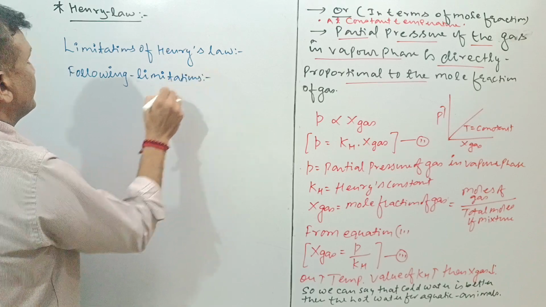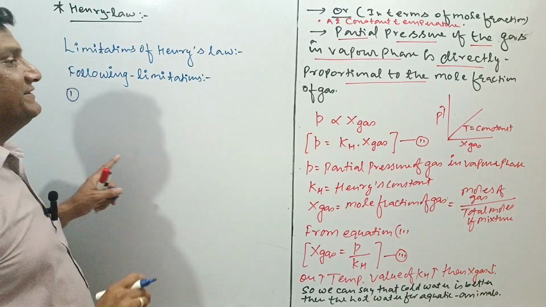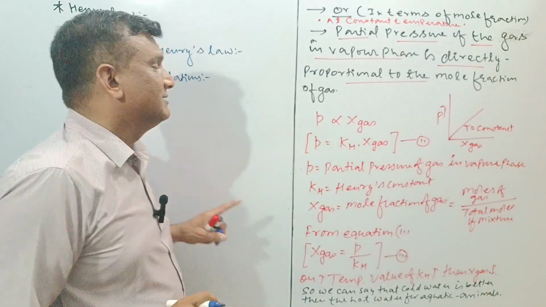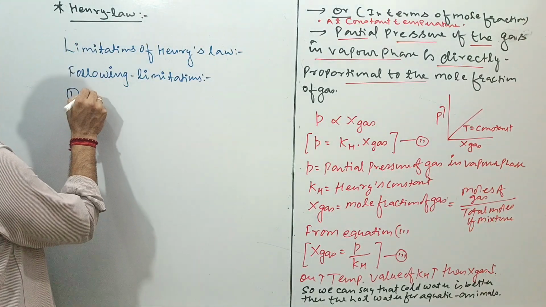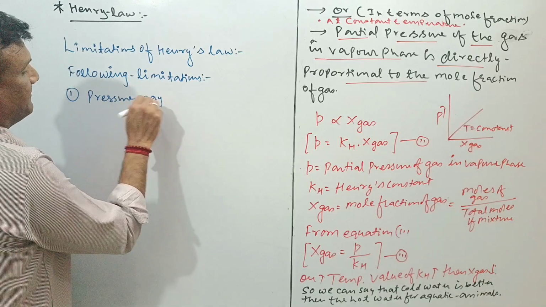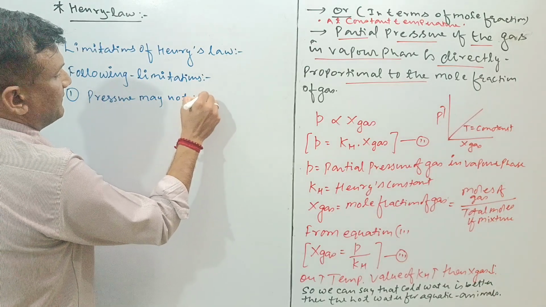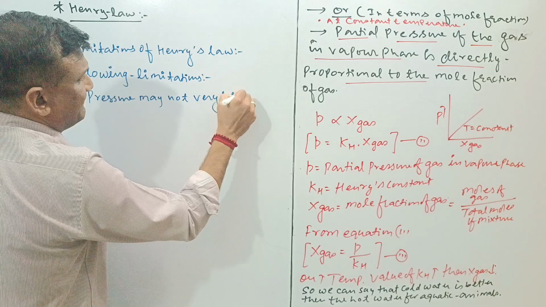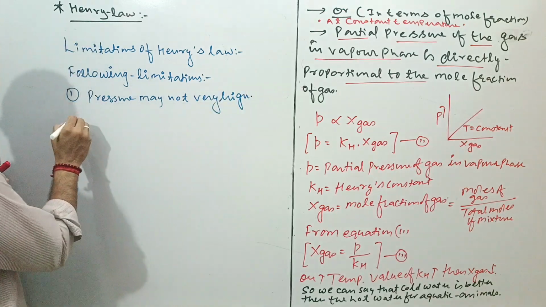What are they? First, as we have discussed, the pressure should be high, but for this, pressure may not be very high. प्रेशर की वैल्यू बहुत ज्यादा नहीं होनी चाहिए.